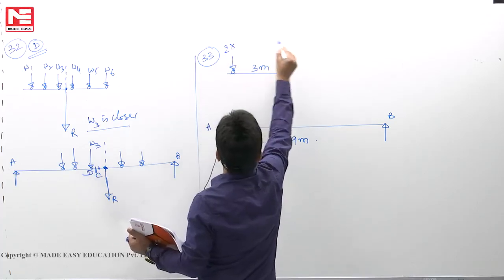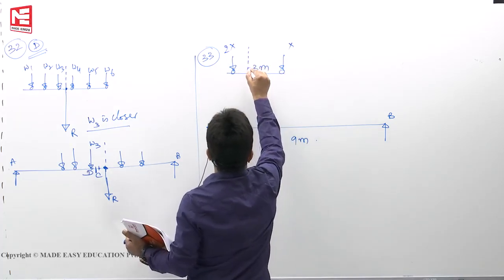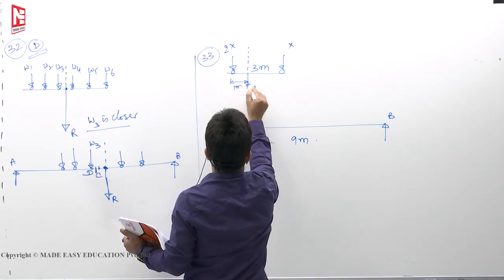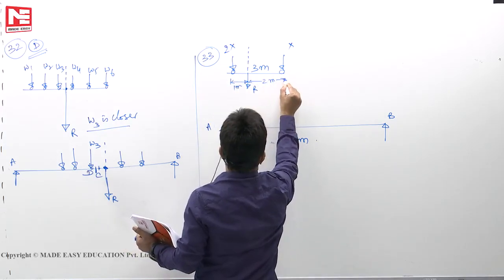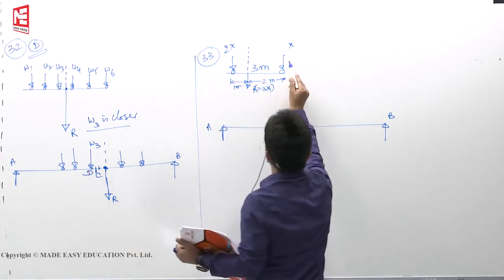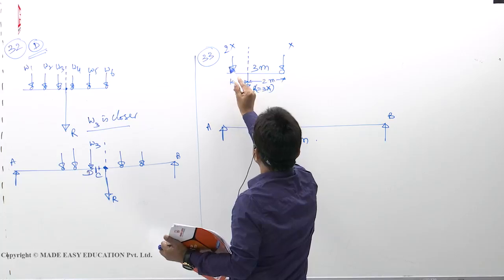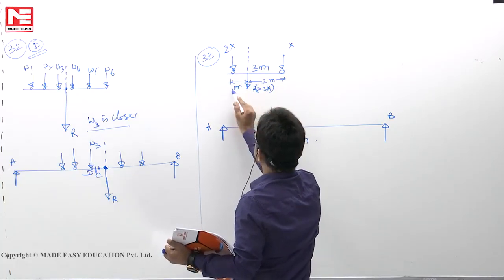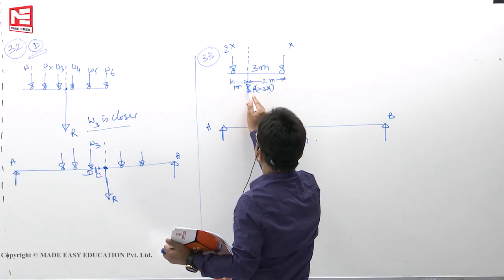Supposing that you take 2x, x, then where is the resultant? Nearer to this one, naturally this will be 1 meter, this is 2 meters, because resultant is 3x. So x into 3 must be equal to R into 1, that means 3x into 1. So R will be at a distance of 1 meter.